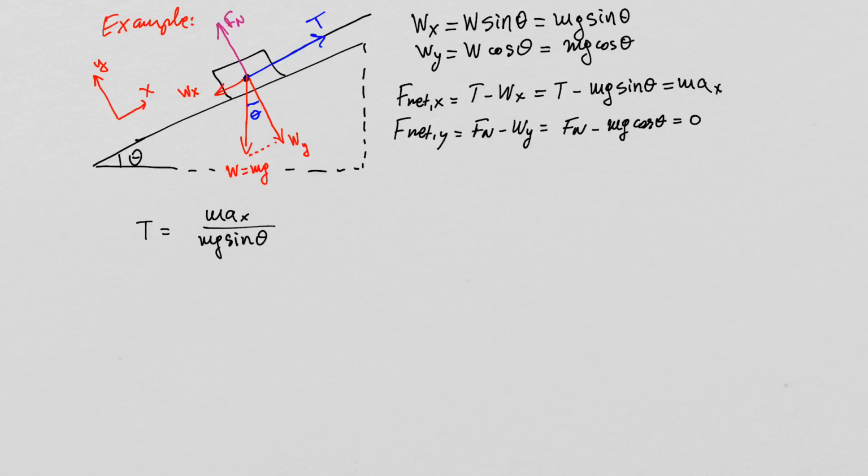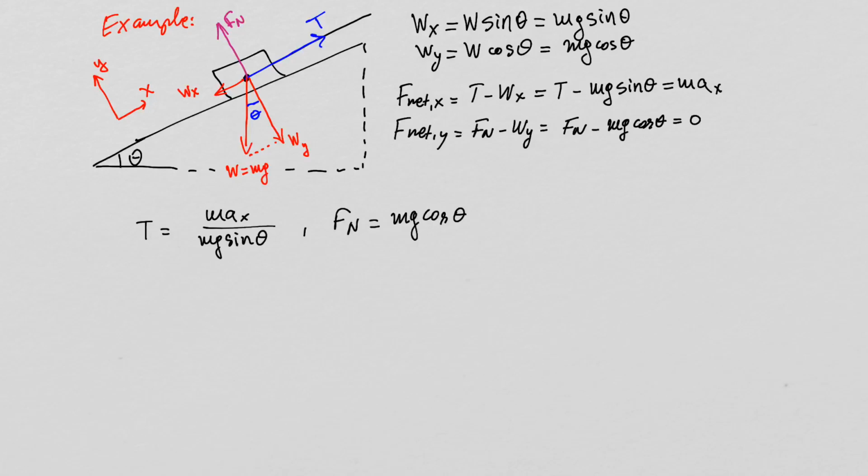I just need to rearrange the terms in that relationship. From the y component of the net force, I can also figure out what the normal force that acts on the block is. So the normal force is equal to simply mg cosine of theta, or that is the y component of the weight.